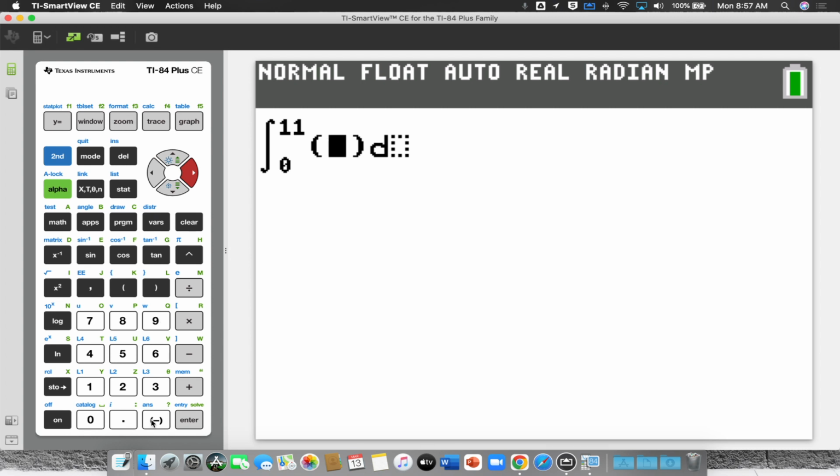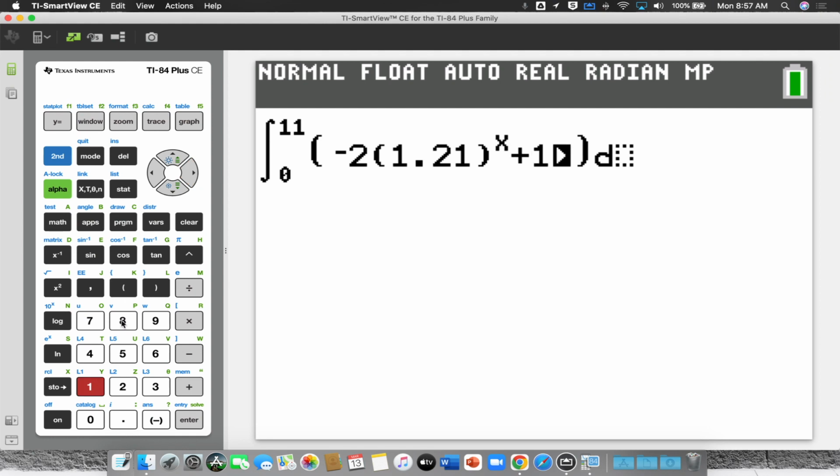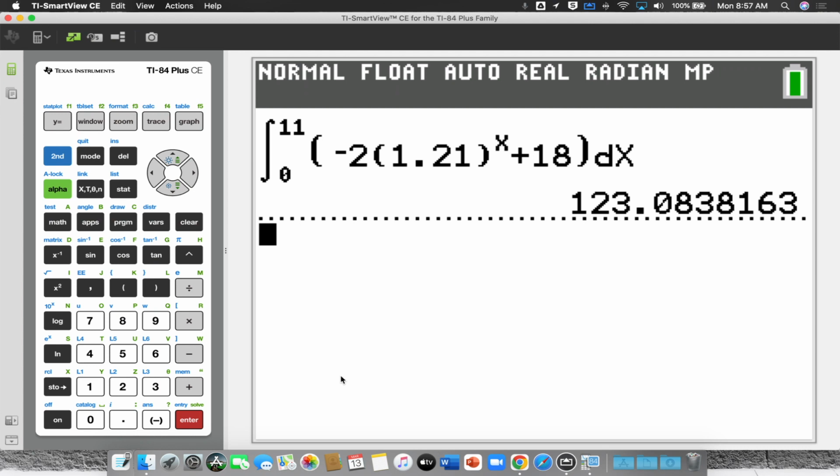Use a negative, don't use a minus, because if you use a minus, it'll give you an error. -2 parentheses times 1.21 to the t power plus 18. 123.084.